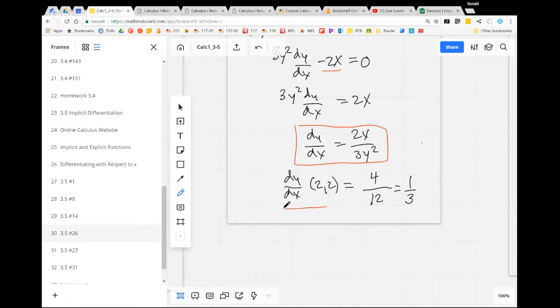And notice the notation I use here. What's the derivative at 2, 2? And now you just substitute in 2 for x, 2 for y, and simplify it. There it is. There's the slope of that line at 2, 2.